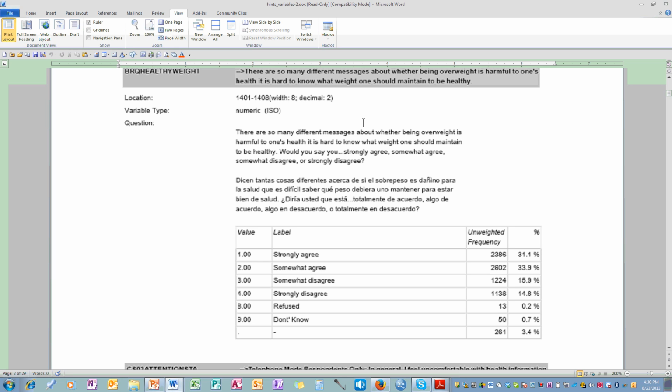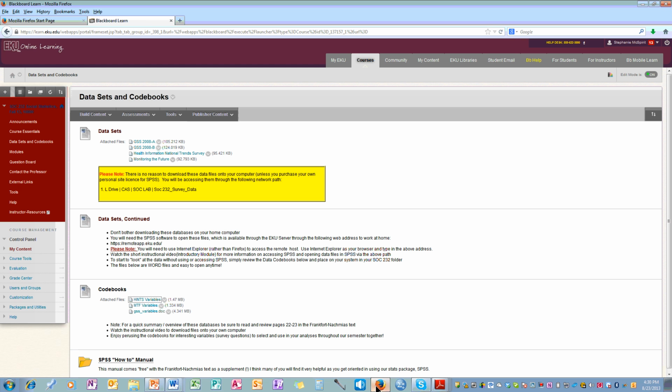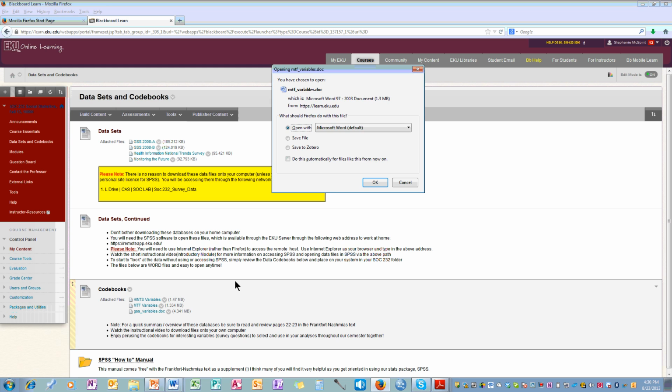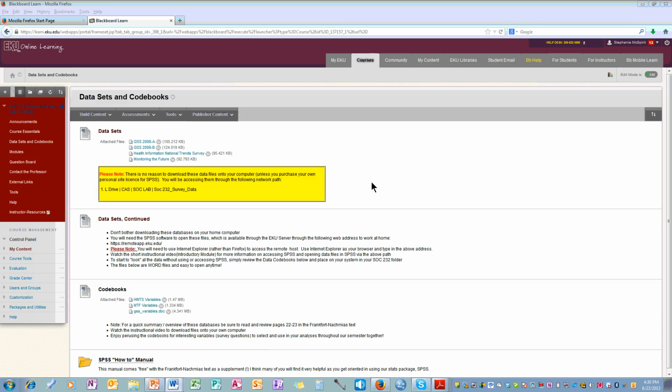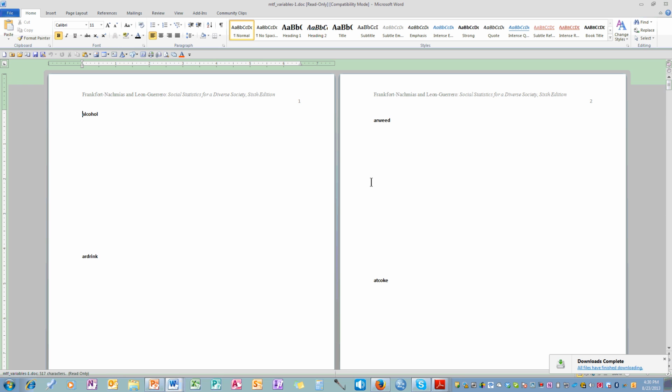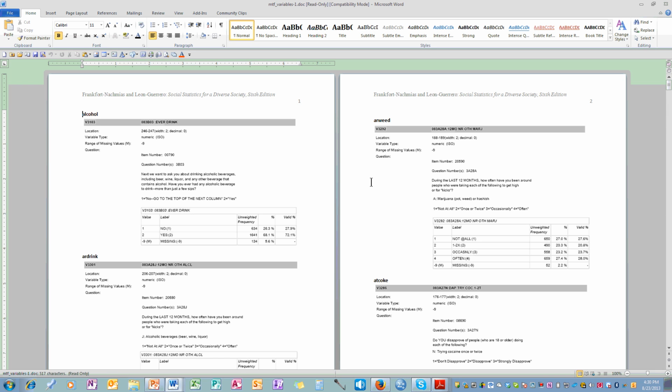And then finally, all you want to do is go back to Blackboard and also grab the Monitoring the Future data, codebook, I'm sorry, and open that. It's taking a minute to populate. Okay, this question, first one on alcohol, note the mnemonic. You would need that. The same with the HINTS data. I should just go back to the HINTS data.